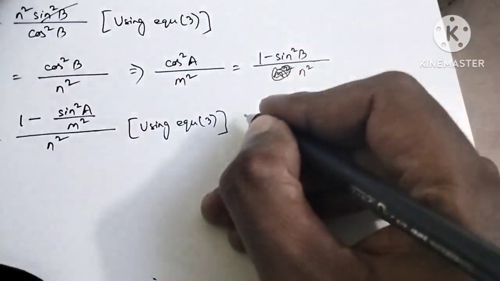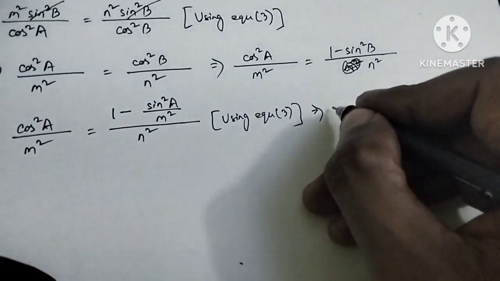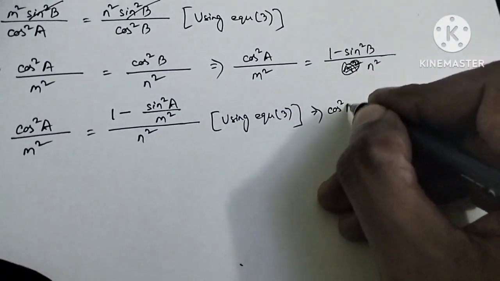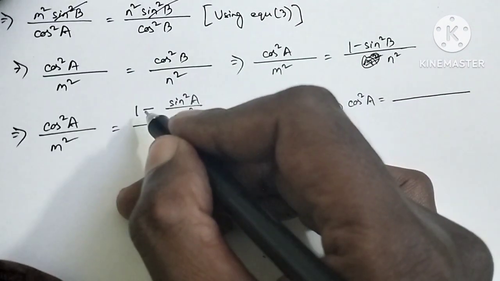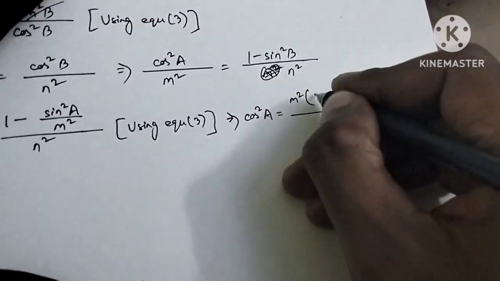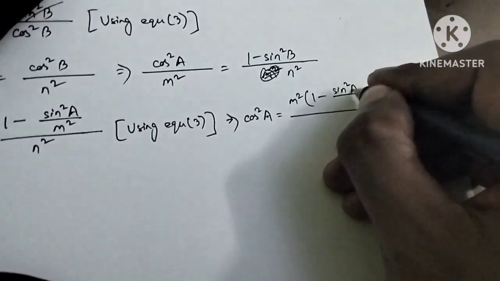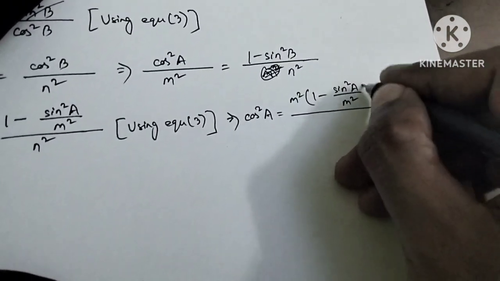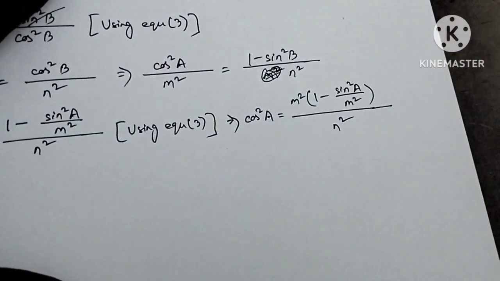So now cos square A, m square will be multiplied with this, m square into 1 minus sin square A by m square whole divided by n square, right?